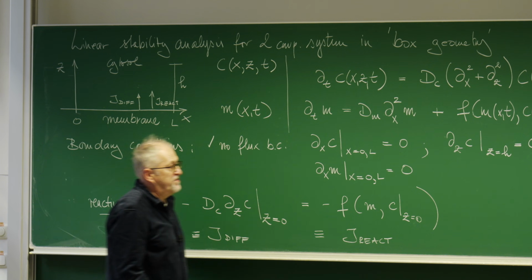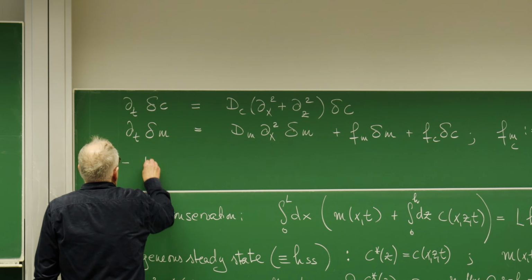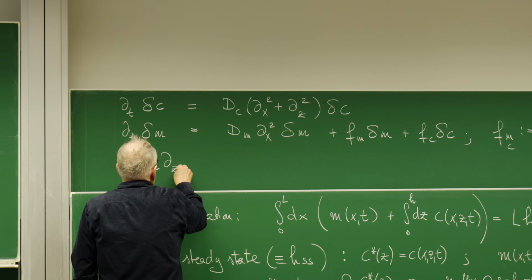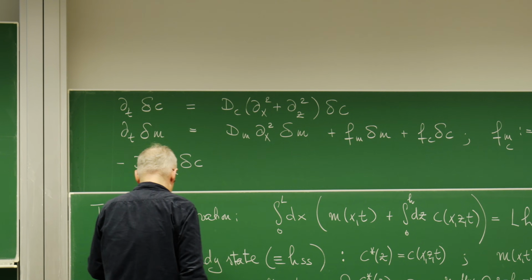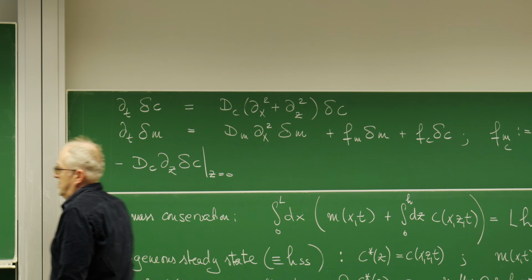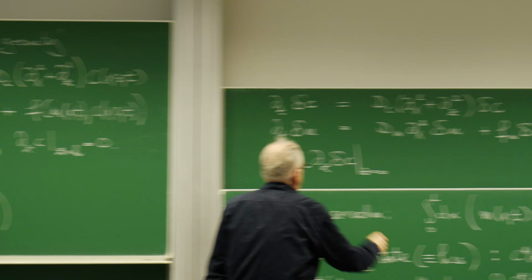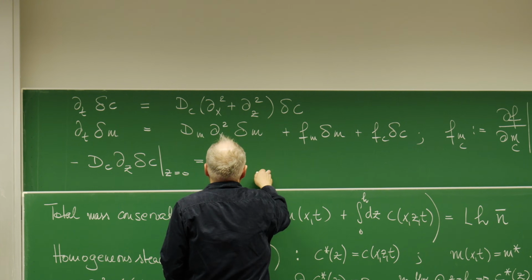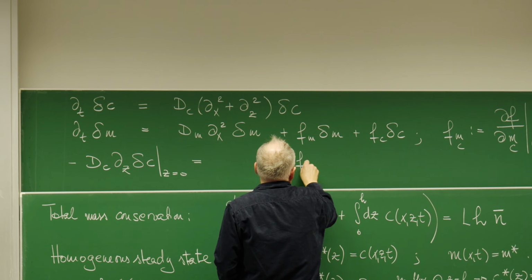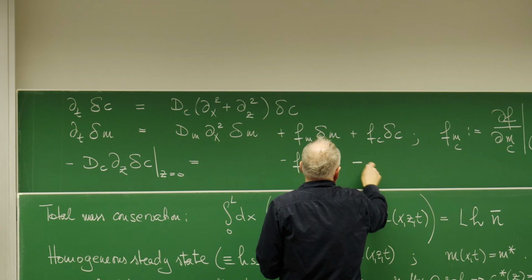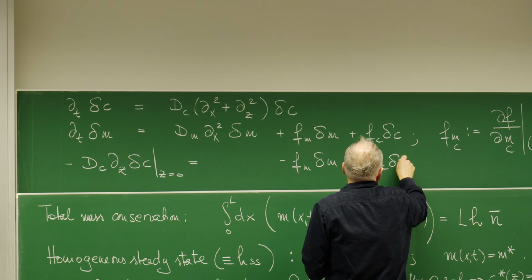So let's look at the boundary condition for the reactions. And for that, I get the perturbation in the cytosolic flux at z equal to 0. Okay, this is equal to the same expression as we had here, but just with a minus sign, minus f_m delta m minus f_c delta c.